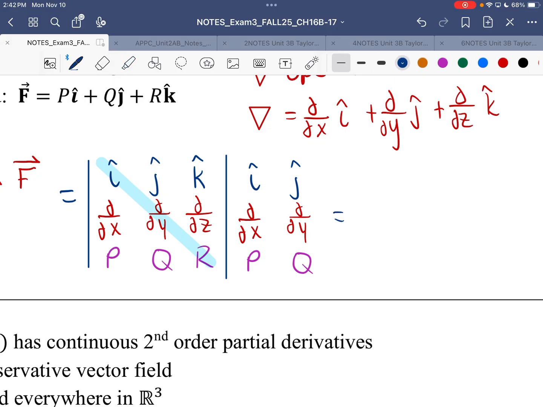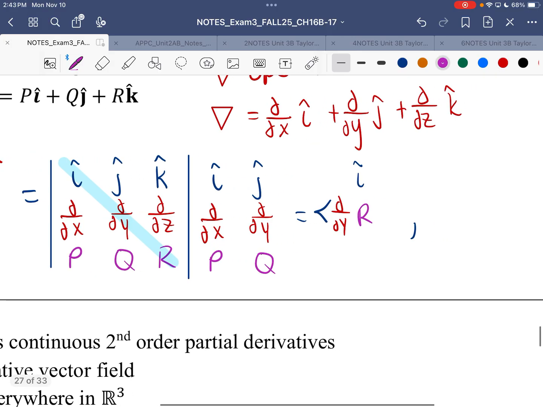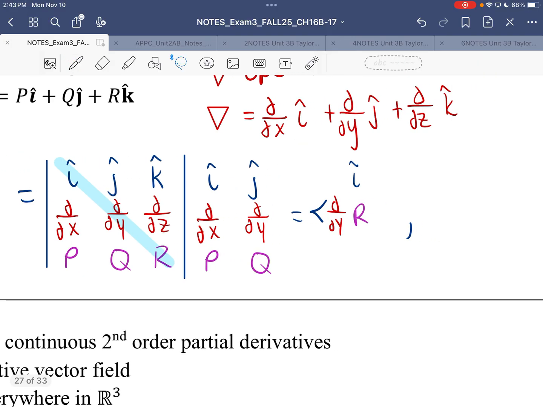In the I part of your vector, you're going to be doing the partial derivative of R with respect to Y. You're probably also going to do another one, so leave some space.